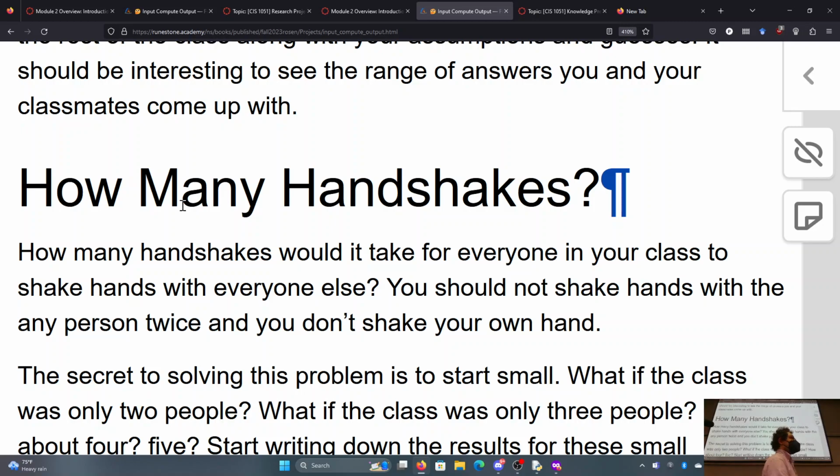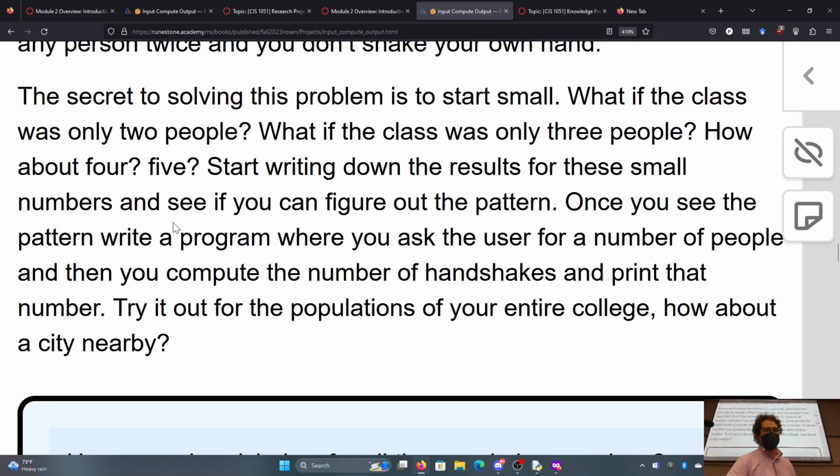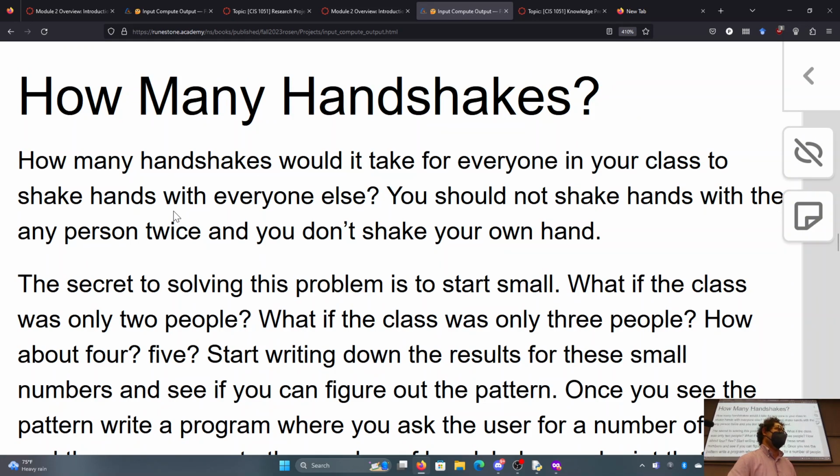All right, so this is another one. Rather than doing a kind of computation there, what we're going to look for is a pattern. This is a pattern that I kind of have an advantage on because it's been burnt into my mind now. How many handshakes would it take for everyone in your class to shake hands with everyone?